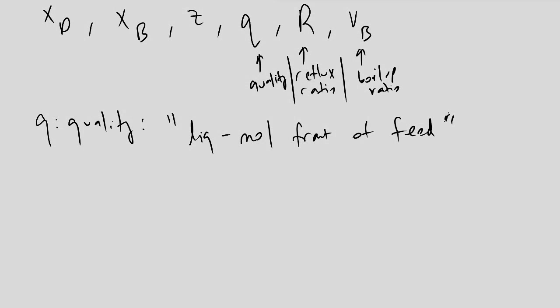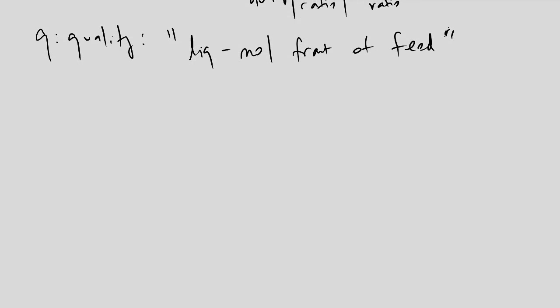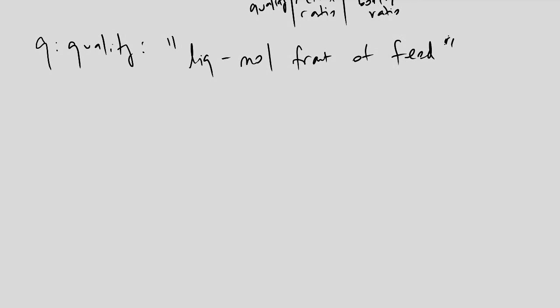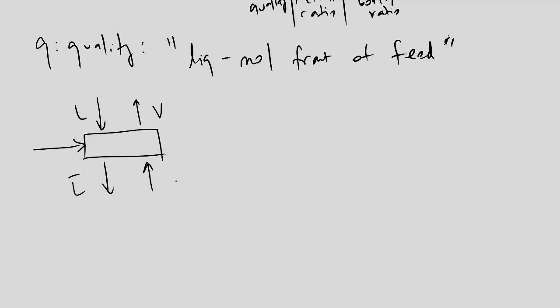And to draw this out, to maybe make a little bit more sense, if we were looking at our feed within our feed tray, we will have some liquid from the top half coming down. We would have some vapor going up the top half. We would have some liquid descending the bottom half, L bar, and we would have some vapor ascending the bottom half as well, V bar.